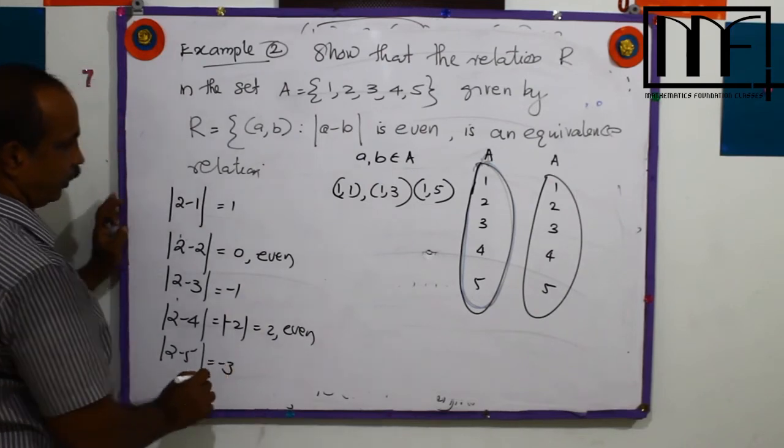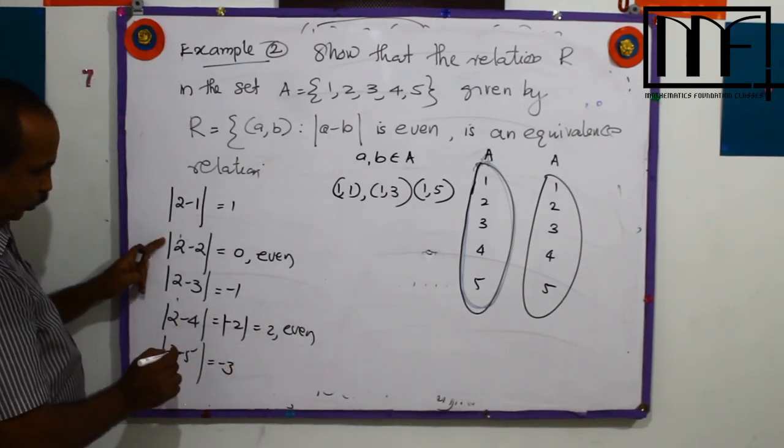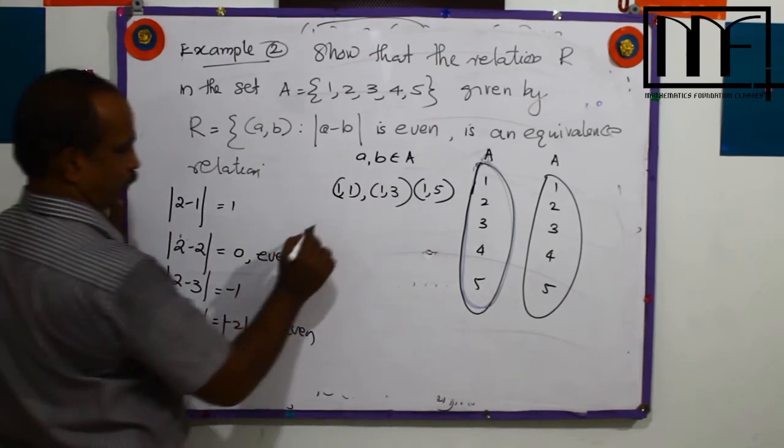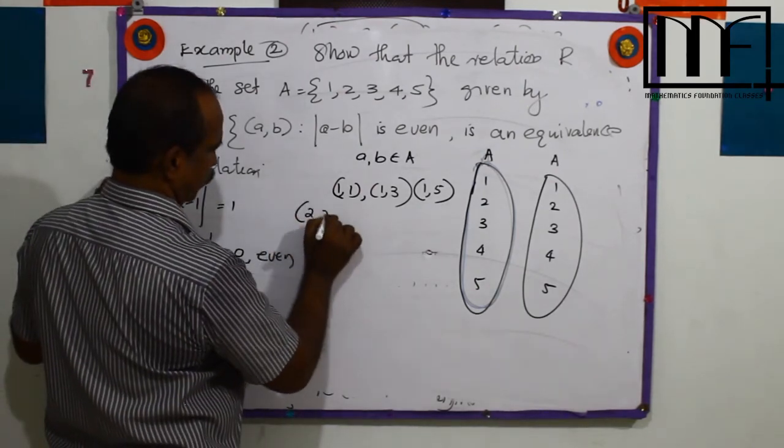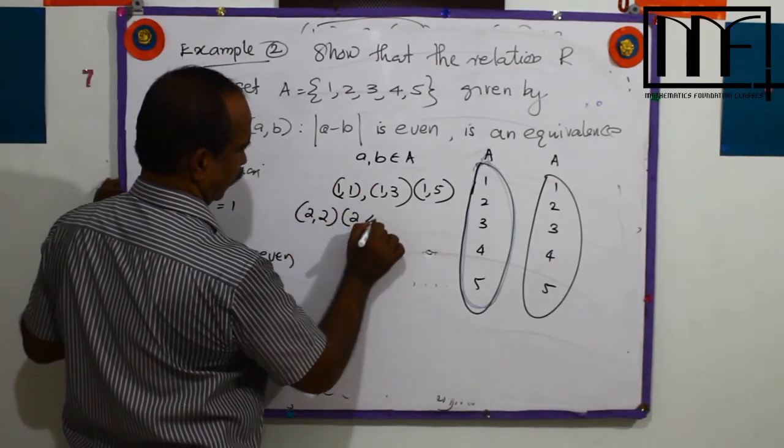So here we have two pairs, (2, 2) and (2, 4).